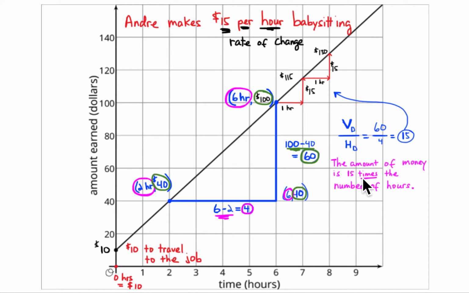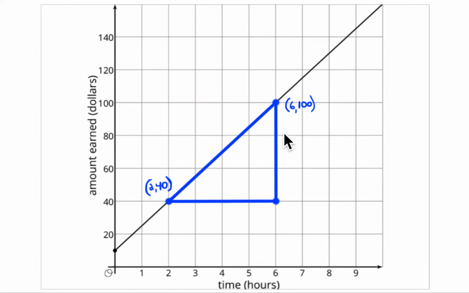So it's 15 times the number of hours. So the value of this vertical line right here is 15 times the number of units of this horizontal line. So 4 times 15 equals 60.